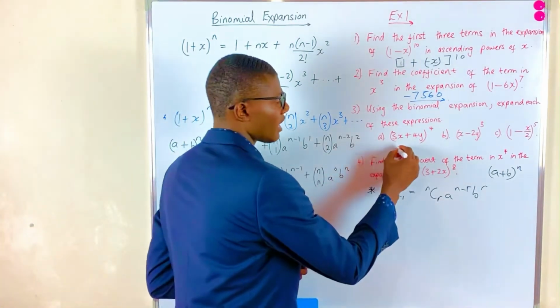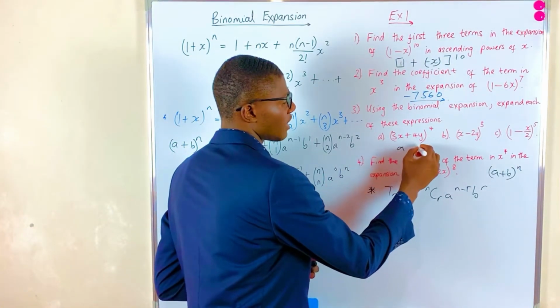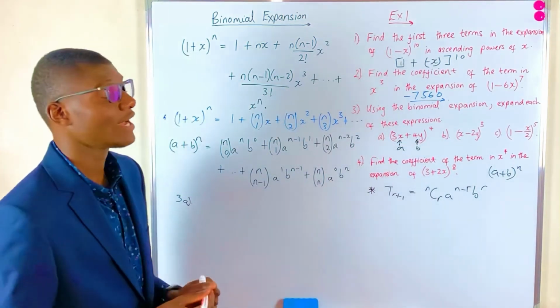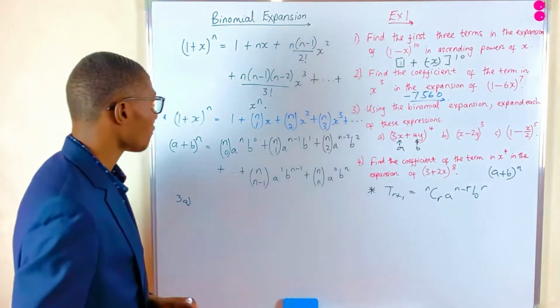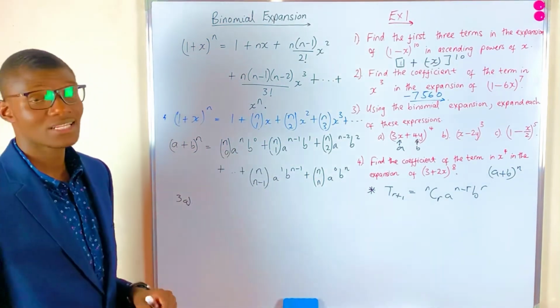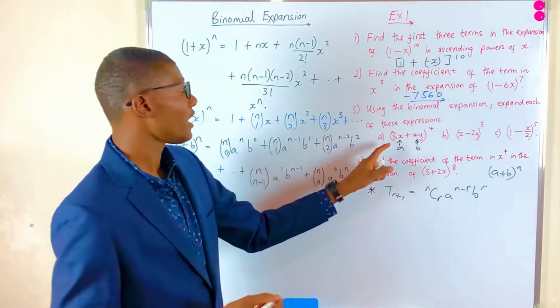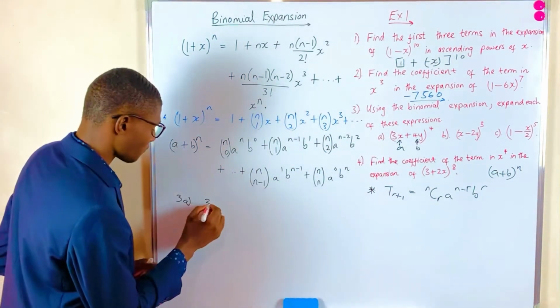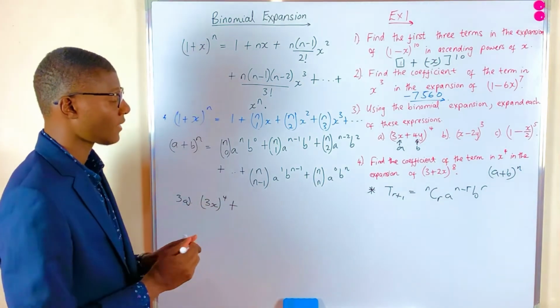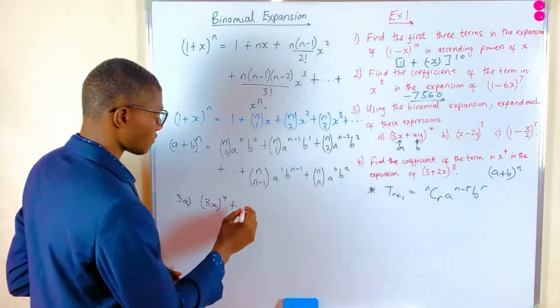We know that our a is 3x, our b is 4y, and our n is 4. So a to the power of n, that's 3x to the power of 4, plus n choose 1, so this is 4 choose 1.